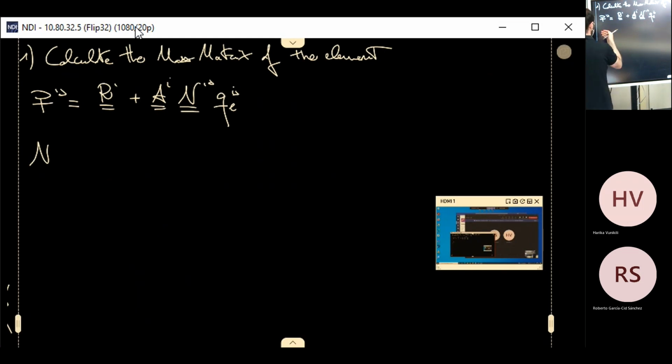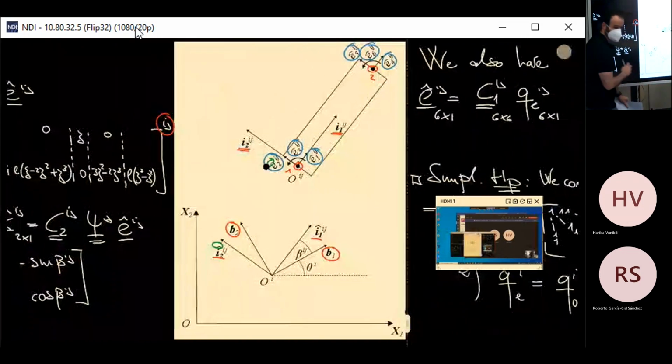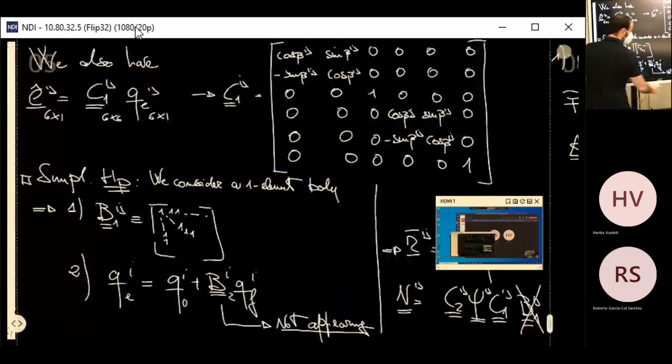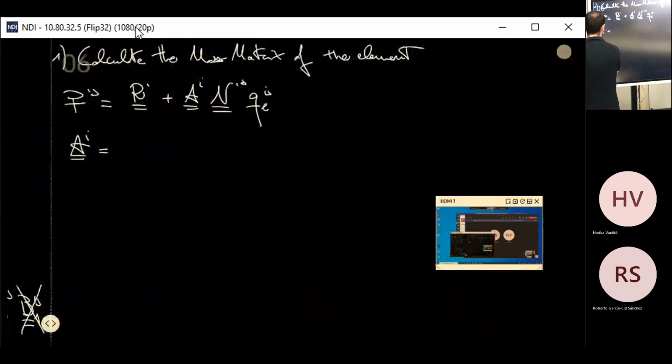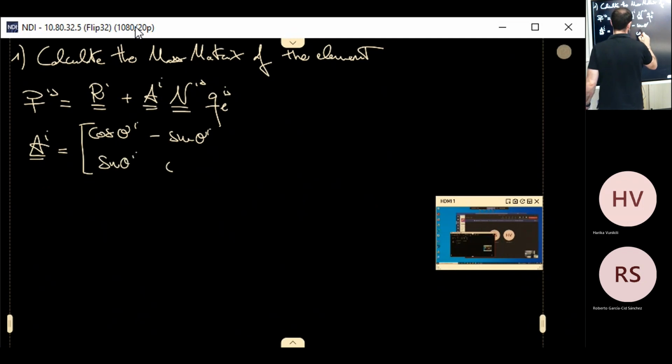Let's calculate this first. We have said it: A is always the matrix of the rigid rotation, so it will be expressed in terms of theta. So there is no surprise here. And so here we have A of theta_i, with cosinus and minus sinus of theta_i.